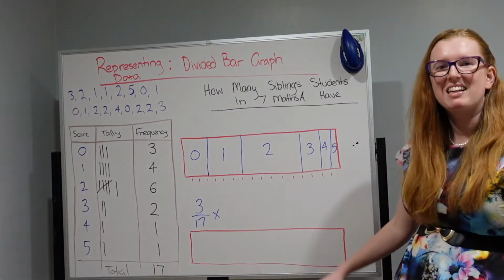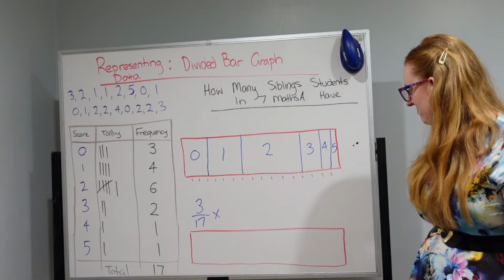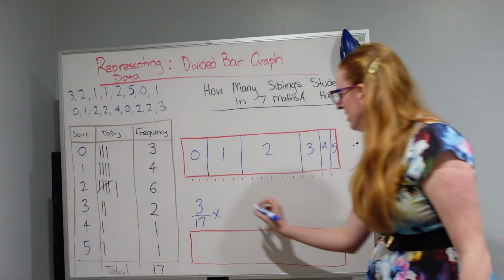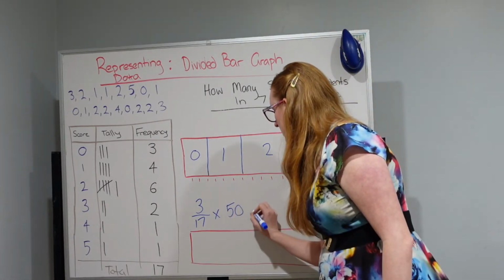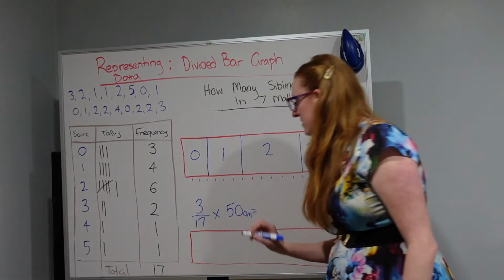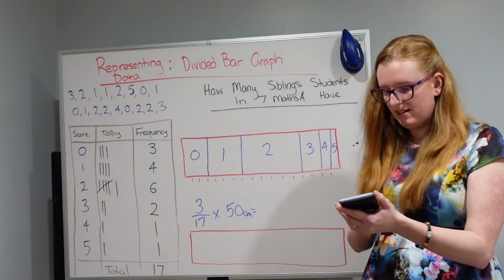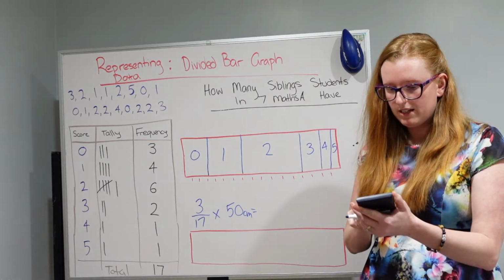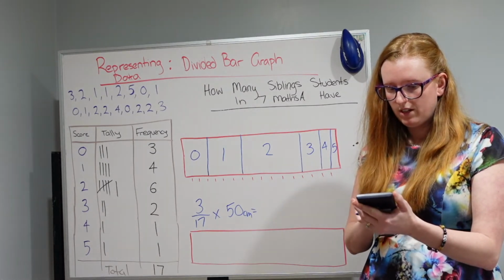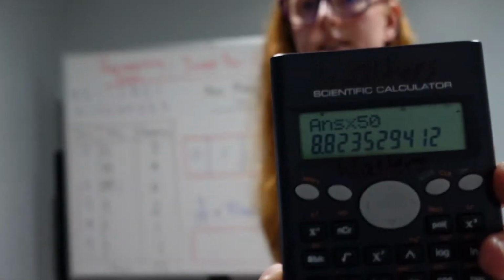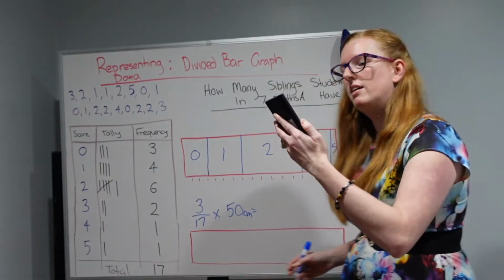I'm just going to guess, and I'm going to say it's 50 centimeters. So I'm going to times it by 50 centimeters. Okay, so I'm putting in my fraction, so 3 divided by 17, and I'm timesing it by 50. So it says 8.8.